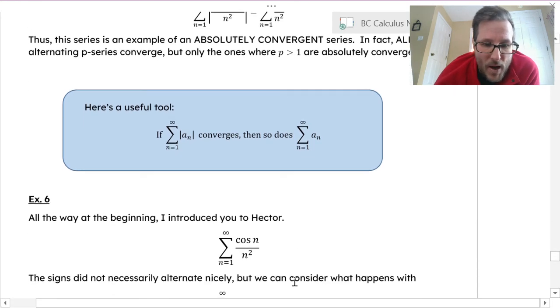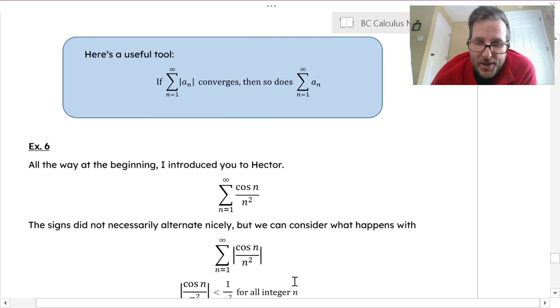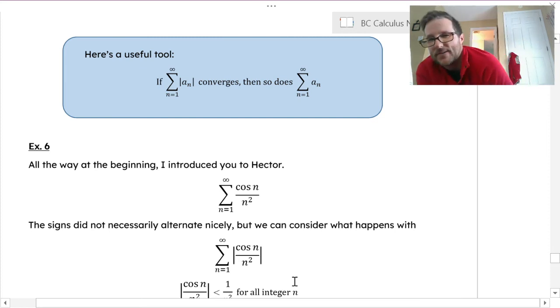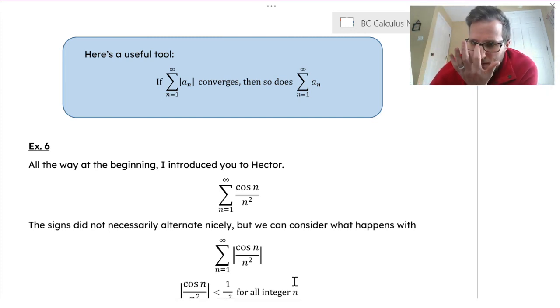So cosine of n over n squared doesn't alternate. But we can still deal with it, because we can look at its all positive version. Cosine is always less than 1, right?